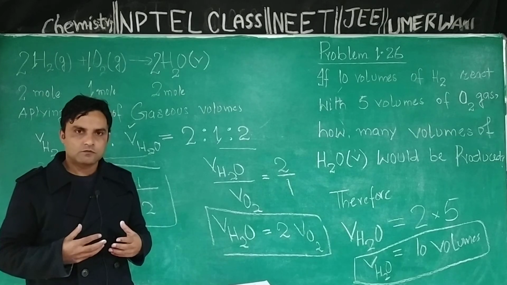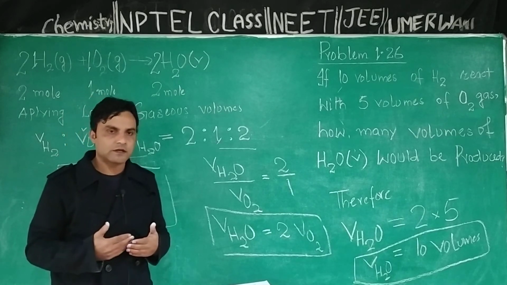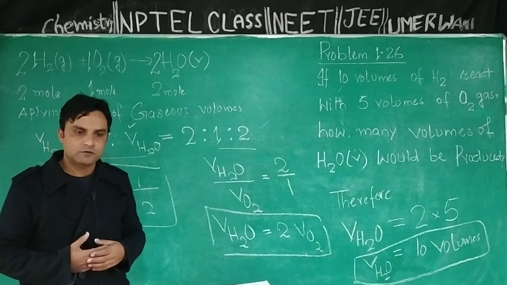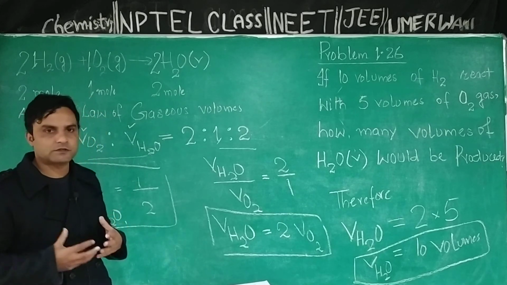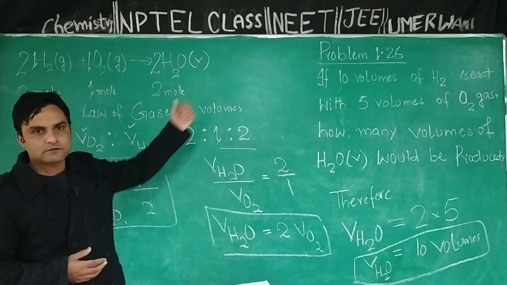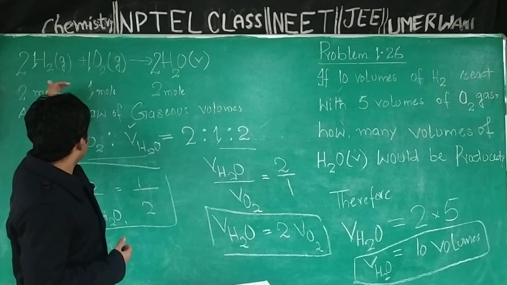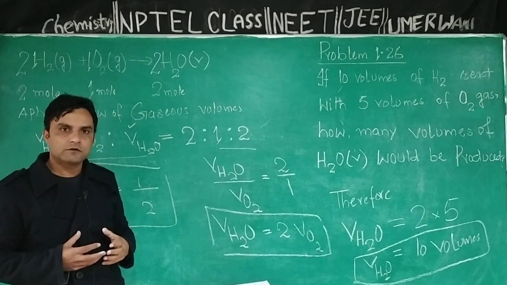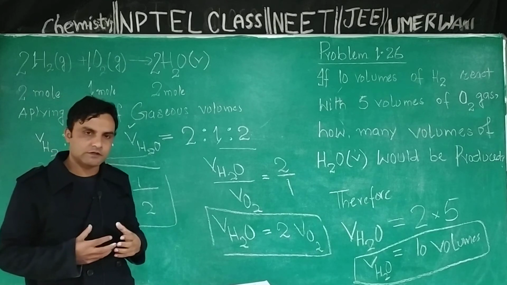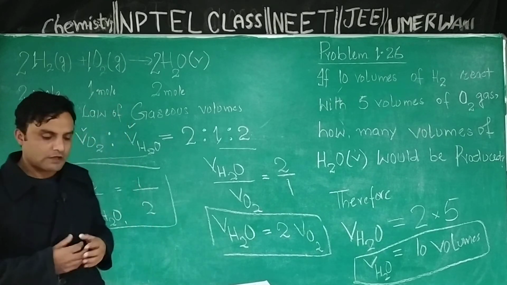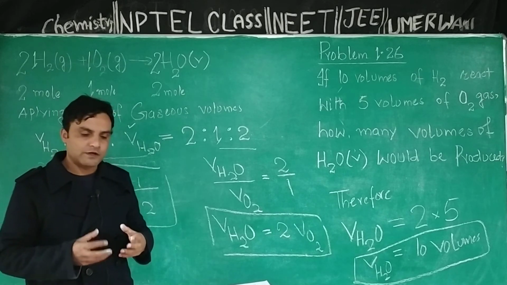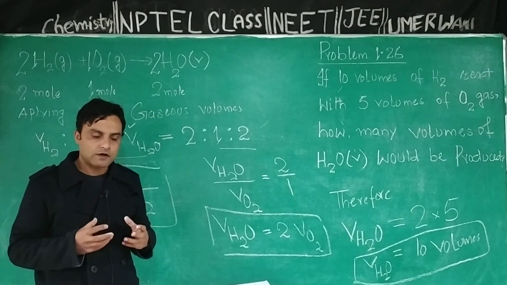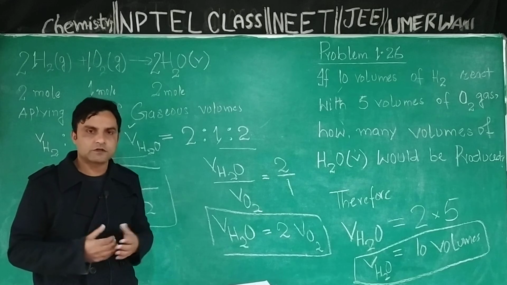And what does this law mean? It means that for this gaseous reaction, there will be a definite relation between volumes of reactants and volumes of products, related with each other in a simple and definite ratio. Now, where will I get this definite ratio from? How will I be able to identify this definite ratio?